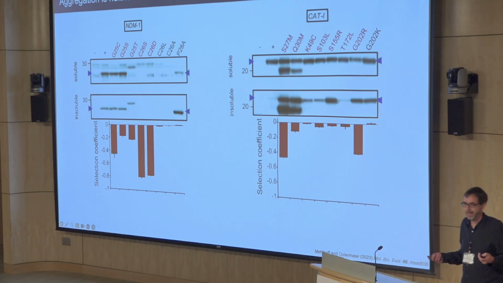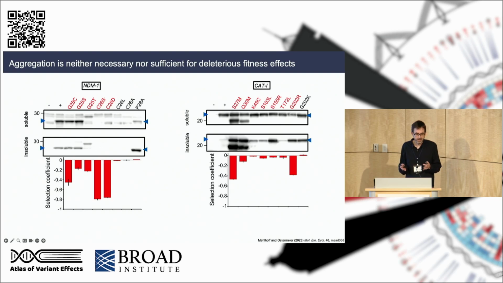So what I would say is that what is likely causing deleterious collateral fitness effects and what causes aggregation is probably something to do with destabilizing the protein, but it's not necessarily the aggregate itself that's the toxic species.